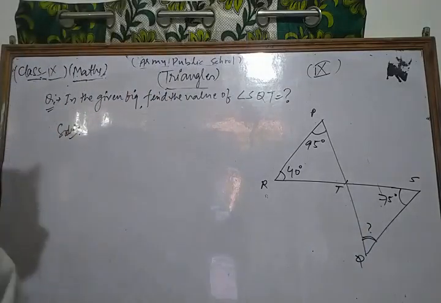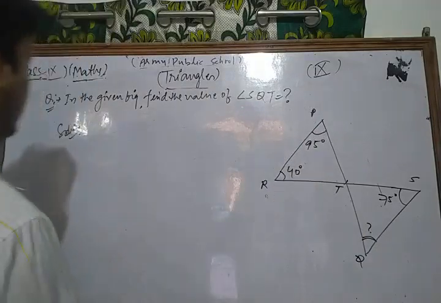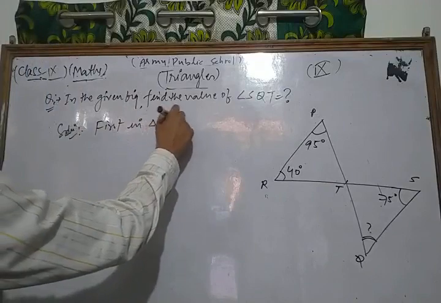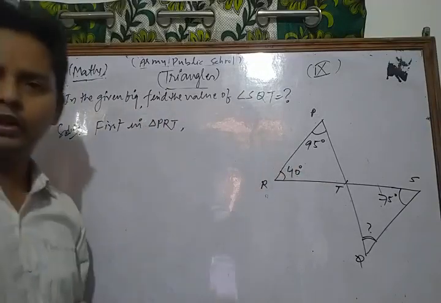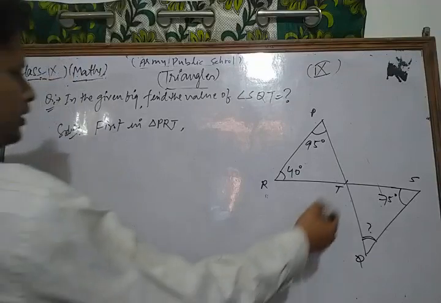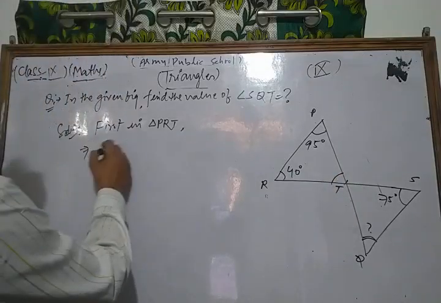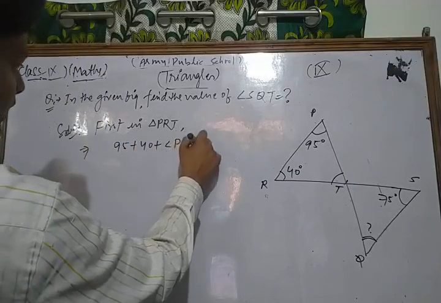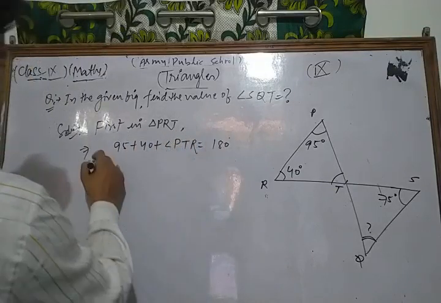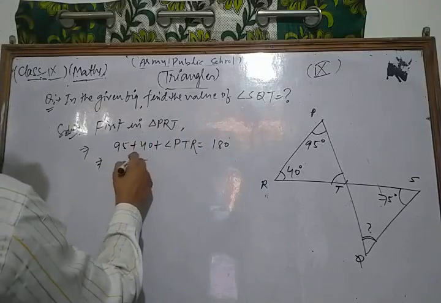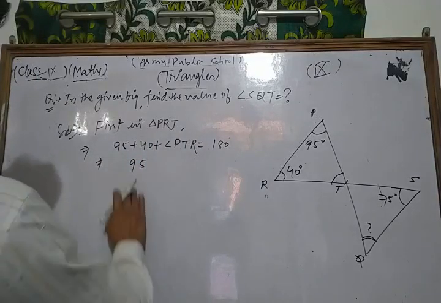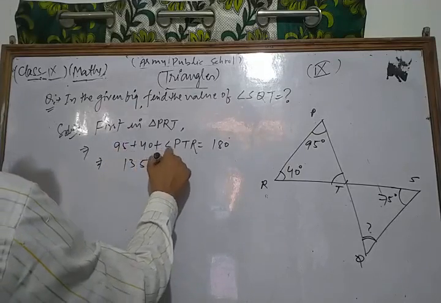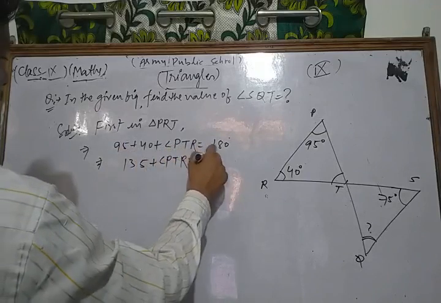First, dear student, in triangle PRT, we apply the angle sum property of the triangle. That is, 95 plus 40 plus angle PTR is equal to 180. So 135 plus angle PTR is equal to 180.